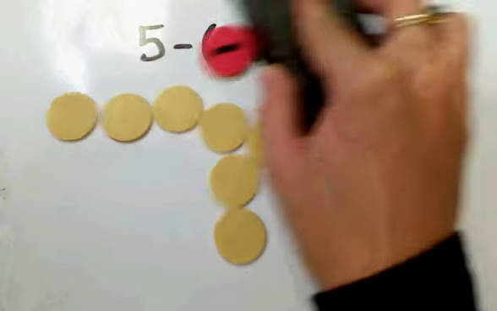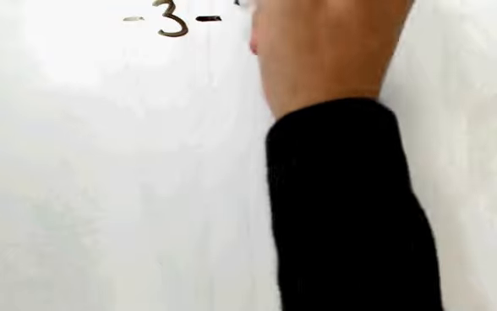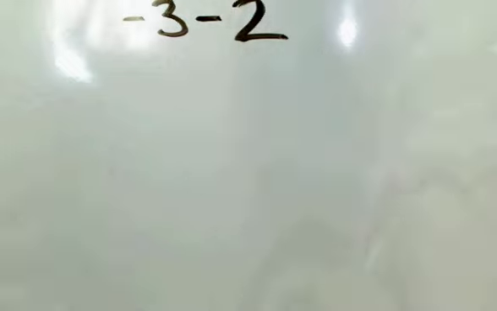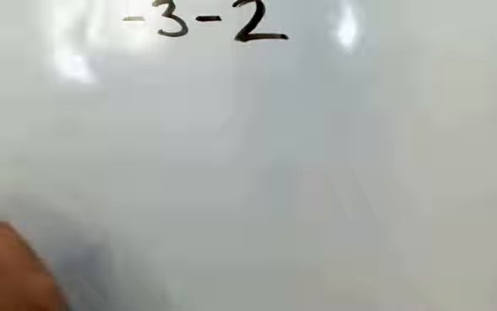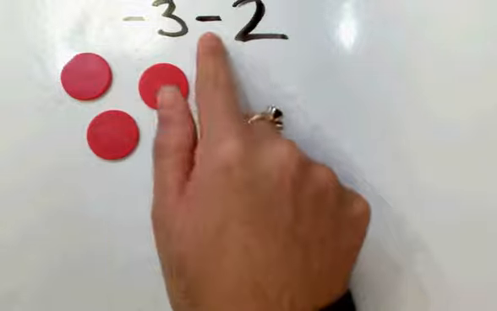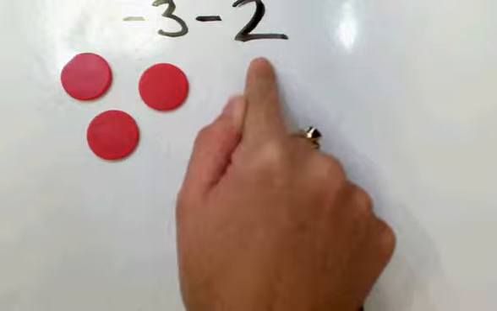Okay, let's look at another example. Let's look at negative 3 minus 2. This means I start with 3 negative counters, and I'm taking away 2 positives.